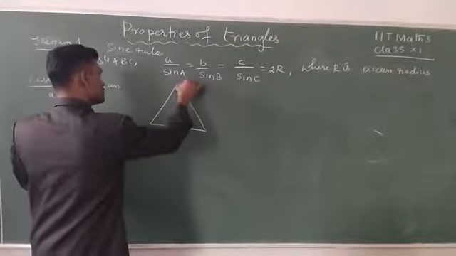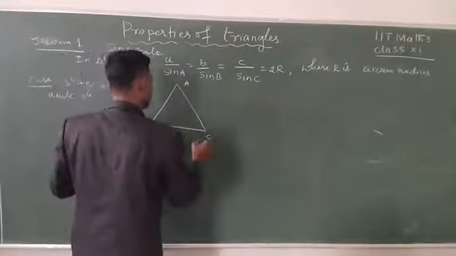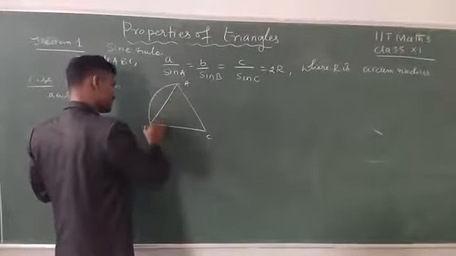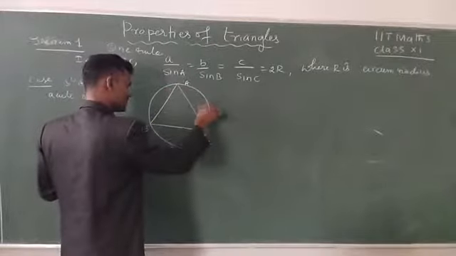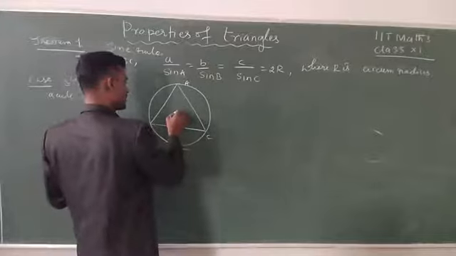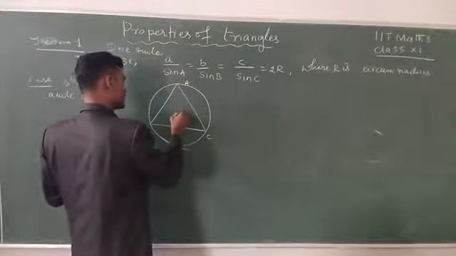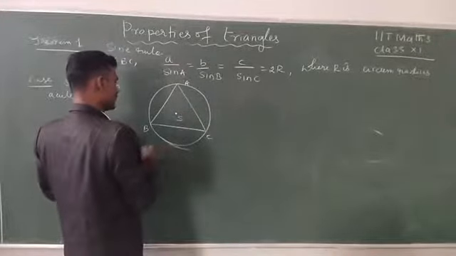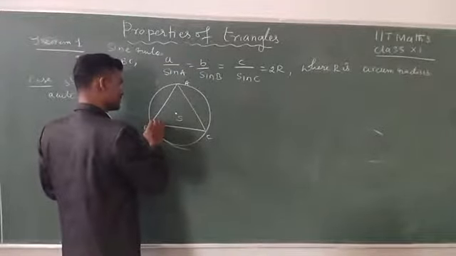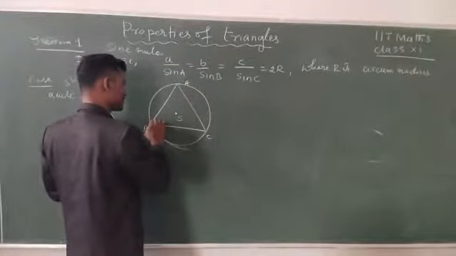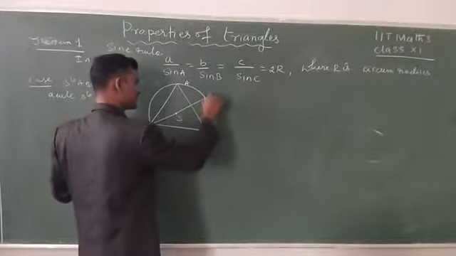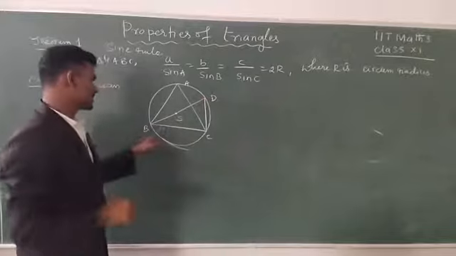This is A, B, C. Here the circumscribing circle, and this is the center S. Now you have to draw a chord passing through the center of the circle. Now join this point, this is D. Now see here, this is a chord.